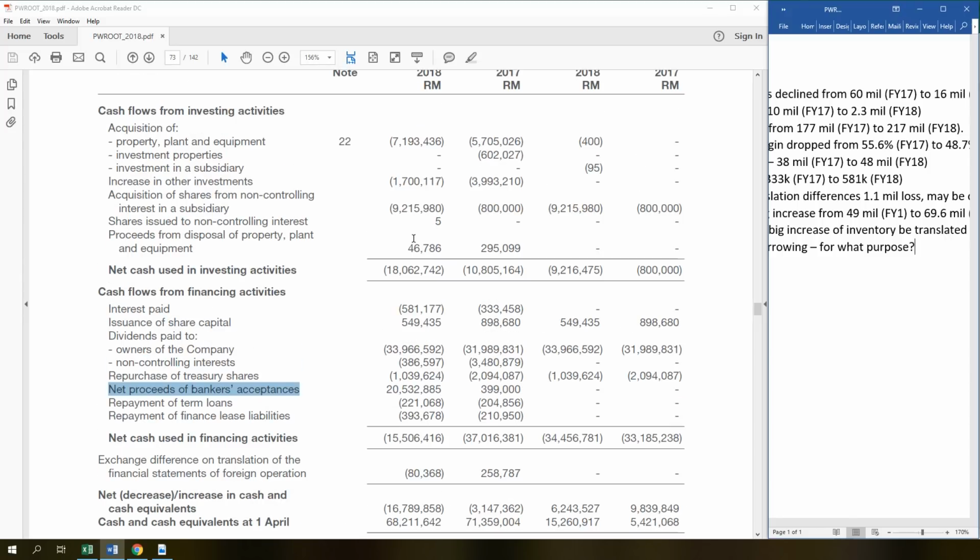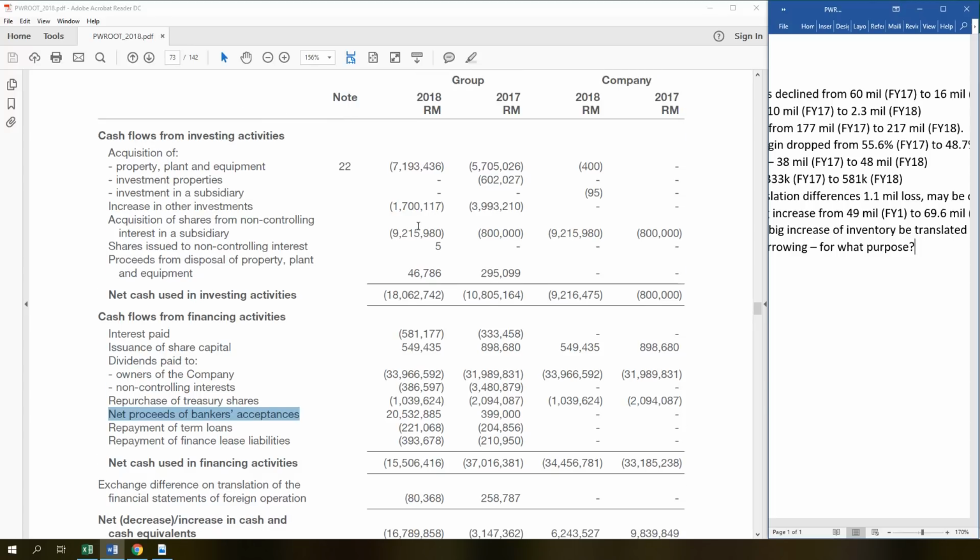Next section, cash flows from investing activities. As for the capex, we will check note 3 and note 22 later. Acquisitions of shares from non-controlling interest in a subsidiary. This is quite a large acquisition. There is no note indicated here.